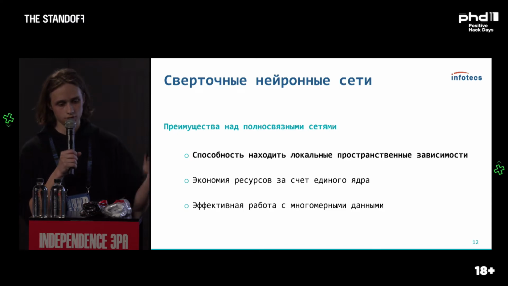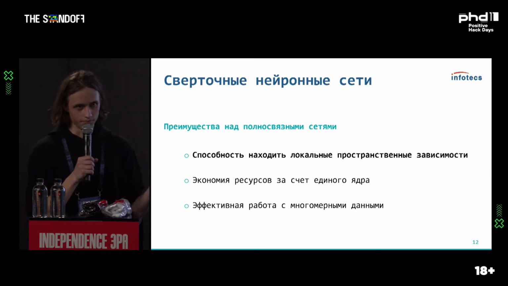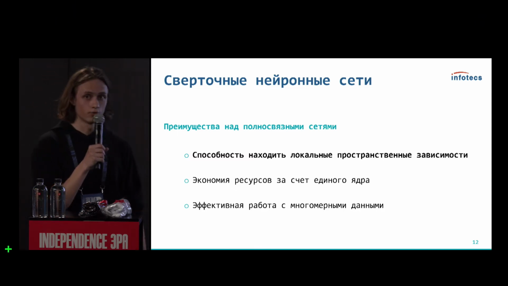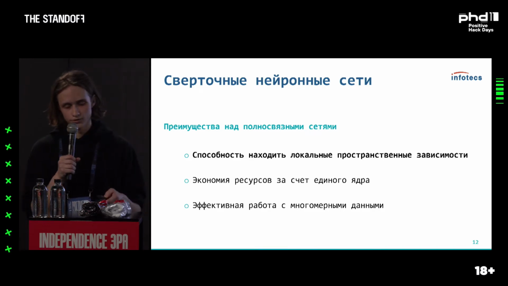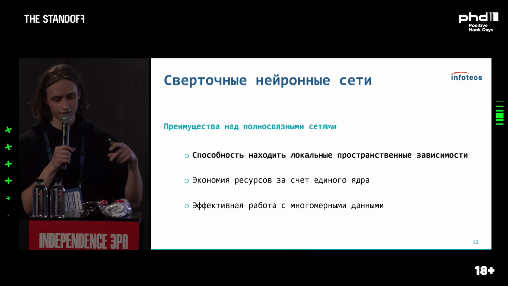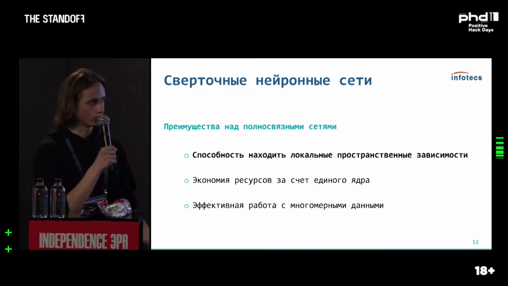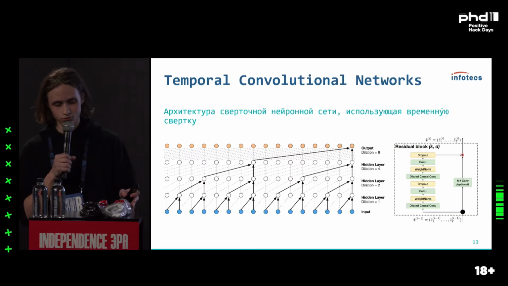With a single kernel, we don't need to build multiple connections, because we use the single kernel effect. So we can work with multi-dimensional data, and we can input it into a mathematical model.